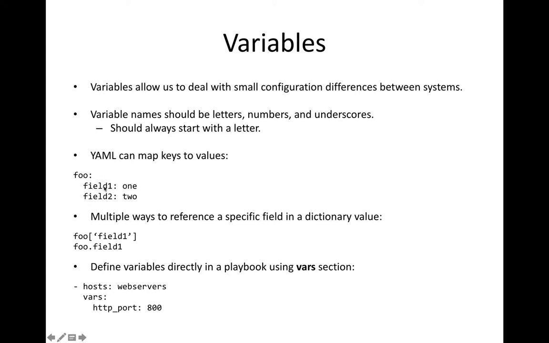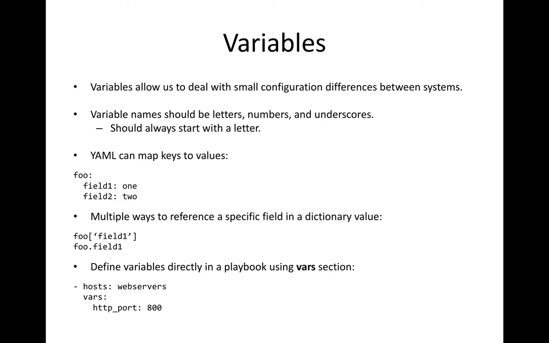It has a key called field 1 with a value of 1, and a key called field 2 with a value of 2. If I want to reference this mapping in my playbook, I can call the foo variable and then pass in the key. There are two ways: you can use dot notation, or you can specify the key as a string value between square brackets.